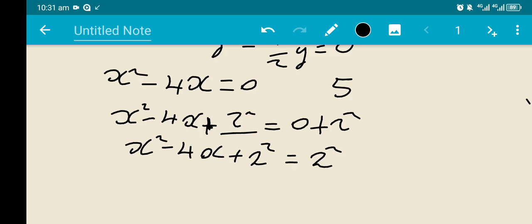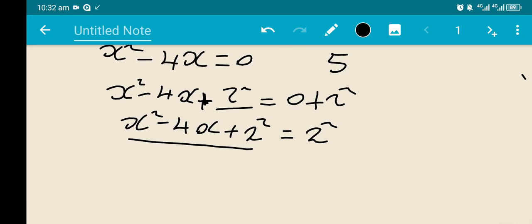Now if you pay close attention to this, take note of this. What you're now going to do here is get the first one, then you say minus, then you get the last one. This here is the same as x minus 2 squared. How?